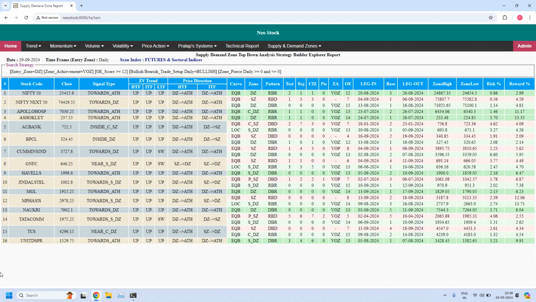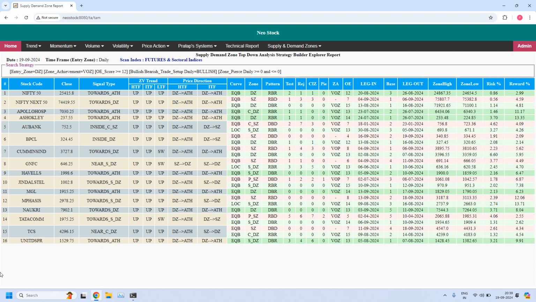All these 16 stocks are currently supporting bullish trade setup for monthly income trade. Now out of these 16, how many of these zones are having ITF confluence?